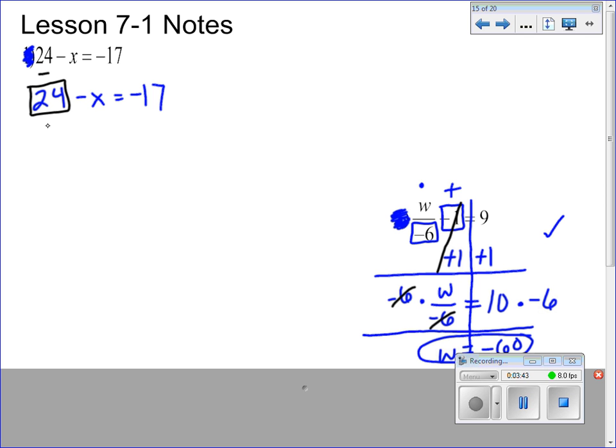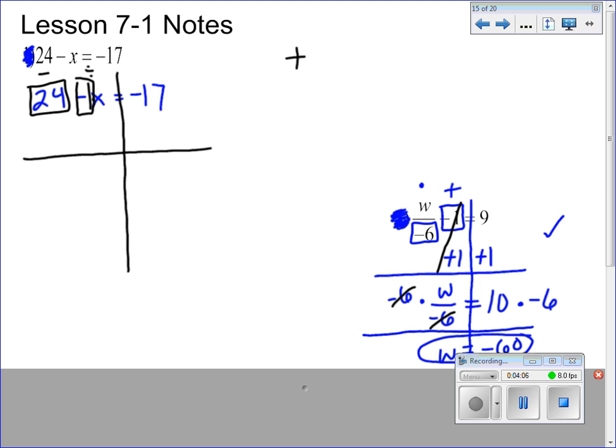Well, when we look closer, this is actually a negative 1 times x. So we really need to get rid of this negative 1 as well, which means if it's negative 1 times x, we have to divide. So we're going to split out our equation.